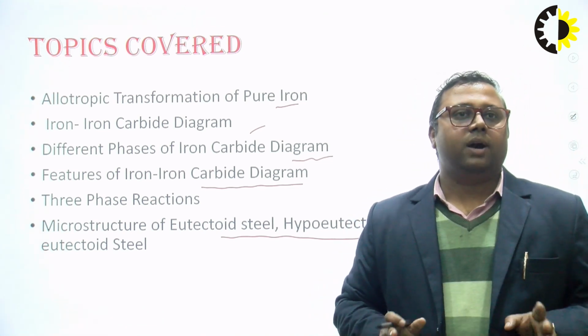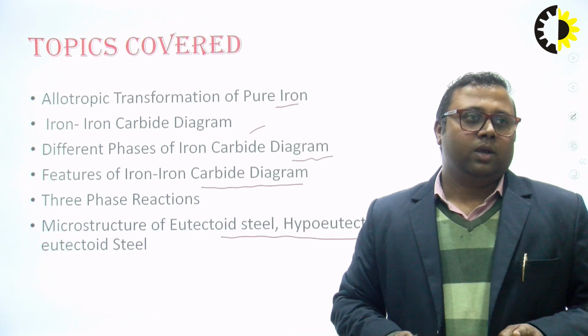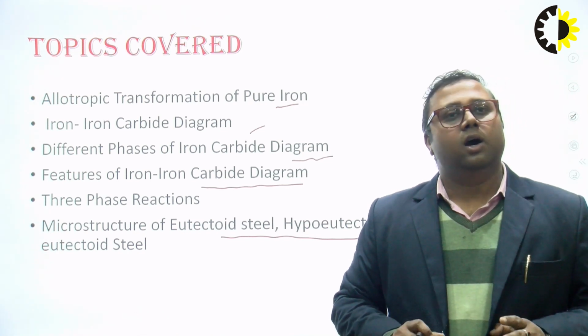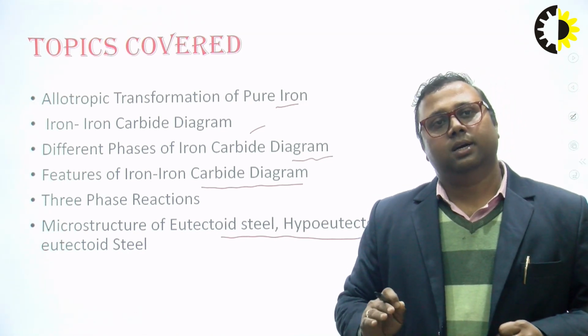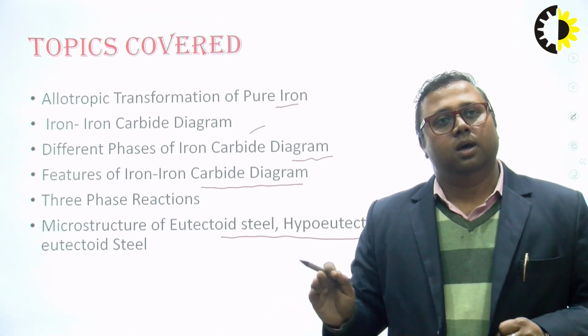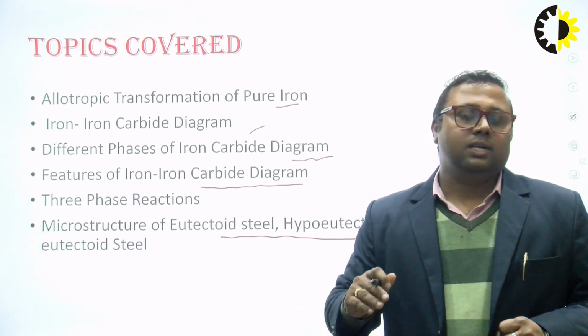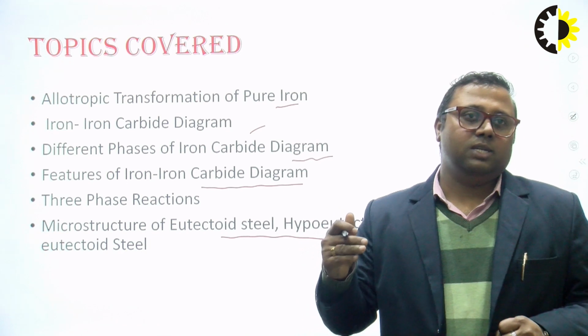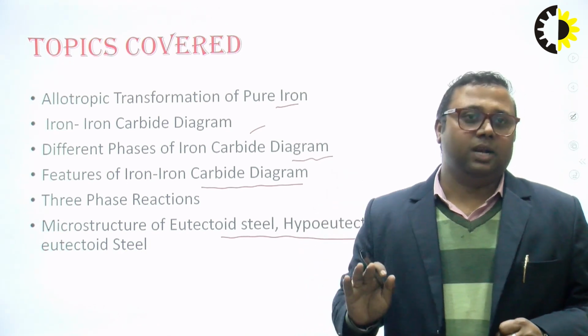So with the help of the iron carbon diagram, you can predict how, with the change in the percentage of carbon, iron changes its phases at different temperature levels.